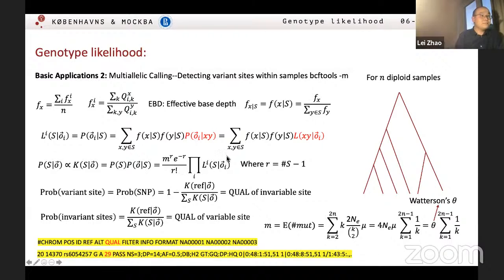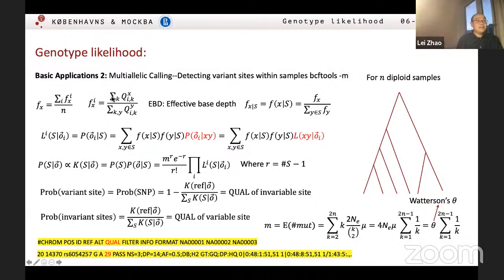And this part, let's go into the detail of this. So fx estimates the frequency of one specific allele in the population, and fxi basically means the frequency of that specific allele in a single sample.